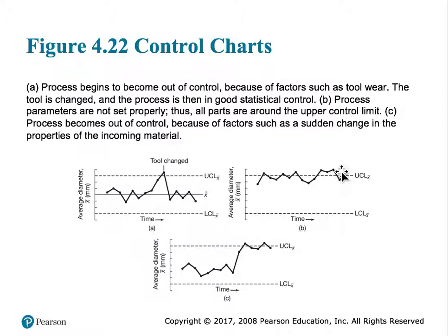Now, what are the factors that can affect your final part quality? Suppose you start with a very sharp tool. After machining, say, 1,000 parts, that tool's numbers are not going to be the same and it has to be replaced.